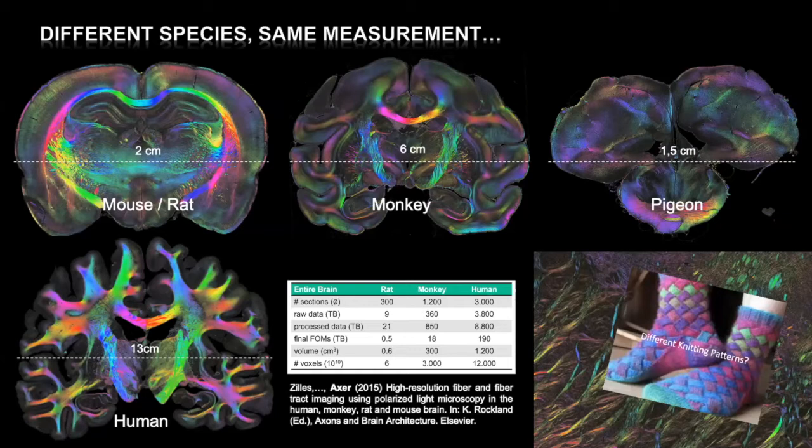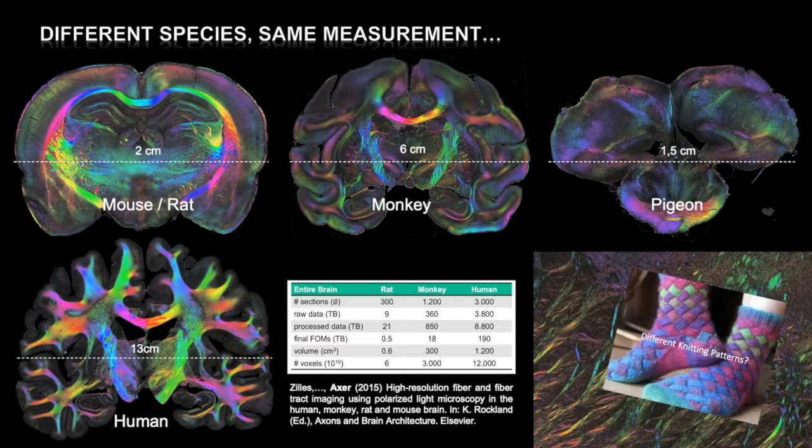We did zebrafish, and currently we have started to do some seal brain imaging. And it's really interesting to see how the individual, I like to call it the individual knitting patterns, change or are similar across different species.